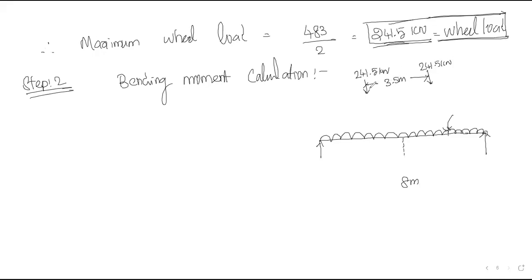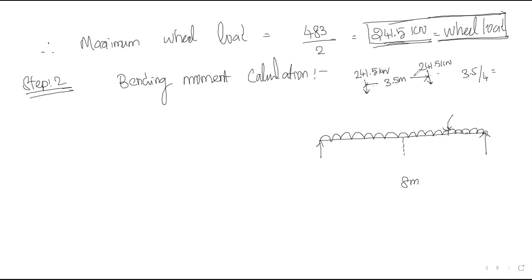The distance between the two wheels is divided by 4, so one fourth of the distance, how much? 3.5 divided by 4 is 0.875.